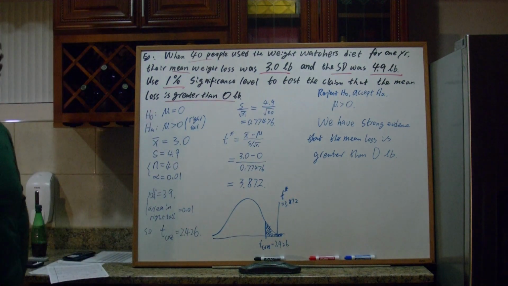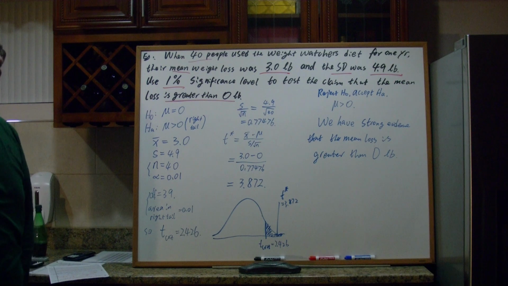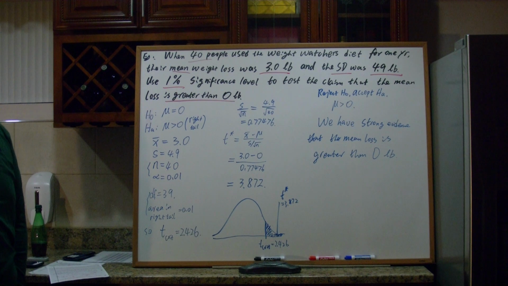For 1 year, if you just lose 3 pounds, that is maybe not that useful. Someone eating a little less today could lose maybe 4 or 5 pounds tomorrow. That could happen.